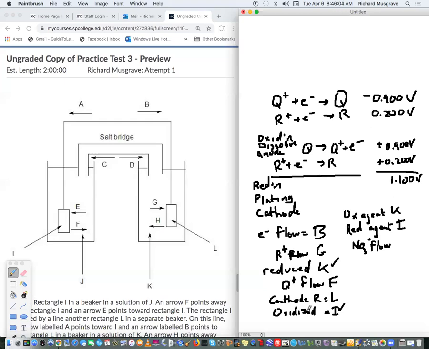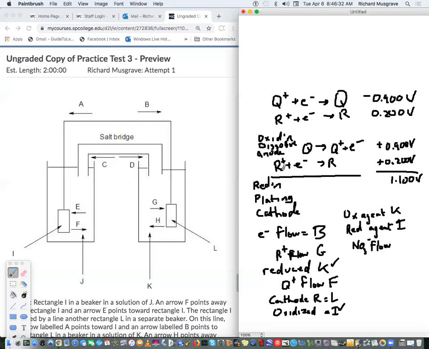I'm confused because when I look at this and consider the lab that we did, I would think it would be L and I versus I and K. I think you might be getting mixed up with anode and cathode.